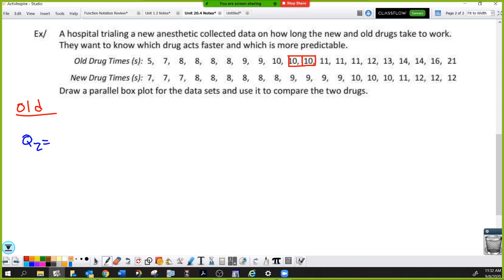Well, that makes life easy. It's 10. Our Q1 is halfway between the 5th and 6th term.